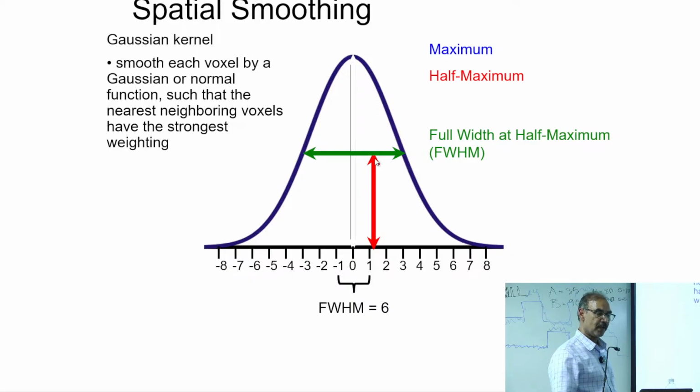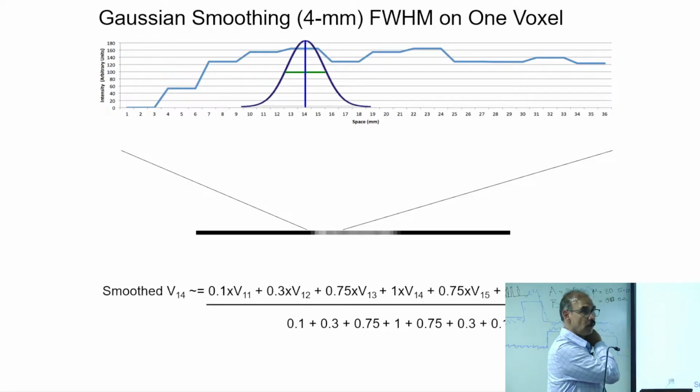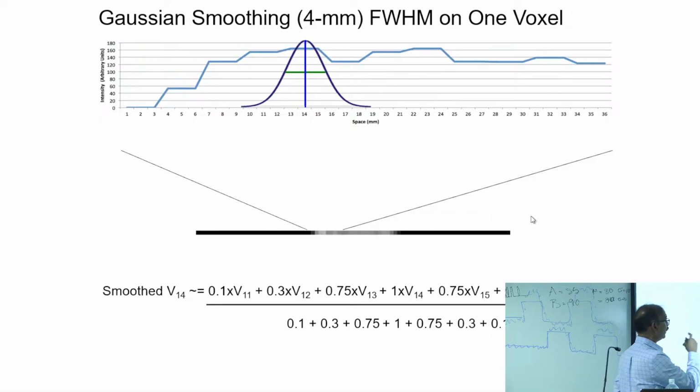right? And you use this as a filter and do it from the beginning to the end, right? So what we are doing here, right? Can anyone explain what we are doing here?